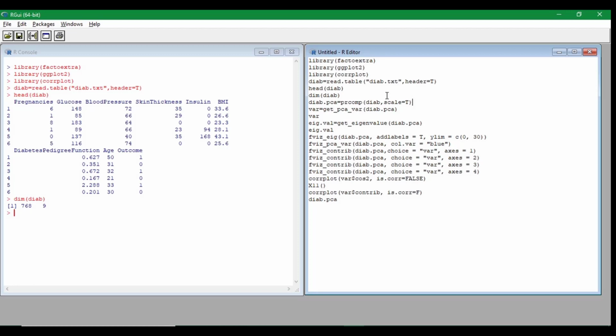So now let's run our principal component on the data set. Also, let's look at the possible things that we can get from running our principal component, the different types of variables that we can see.